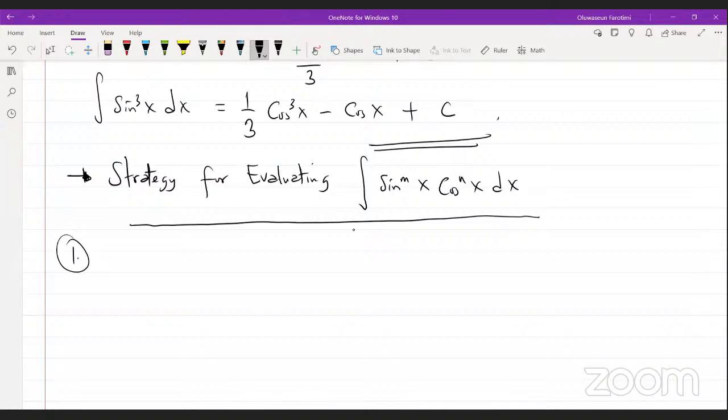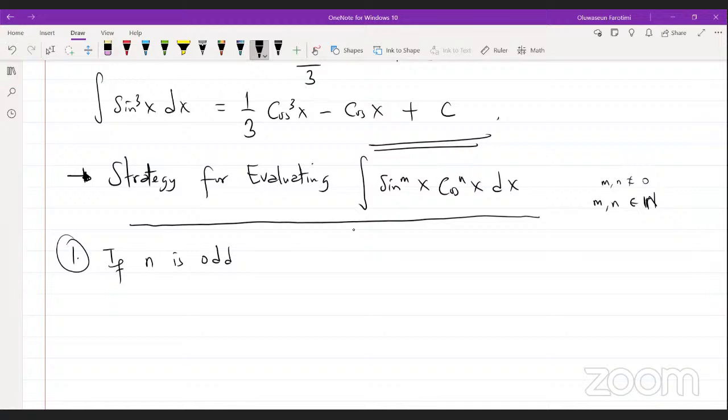Number one. Remember we have the integral of sine and cosine, where m and n are powers, and they are non-zero. So let me specify that m and n are different from 0. If n is odd, and let's stick with natural numbers, whole numbers.